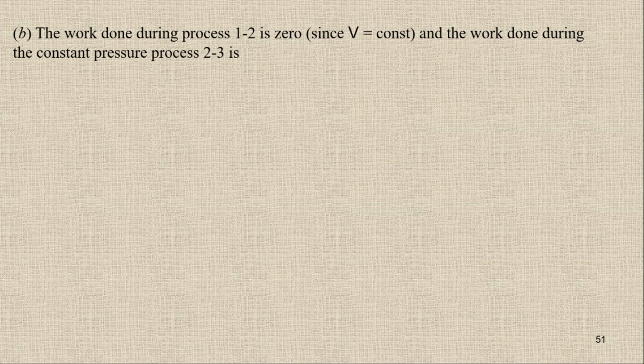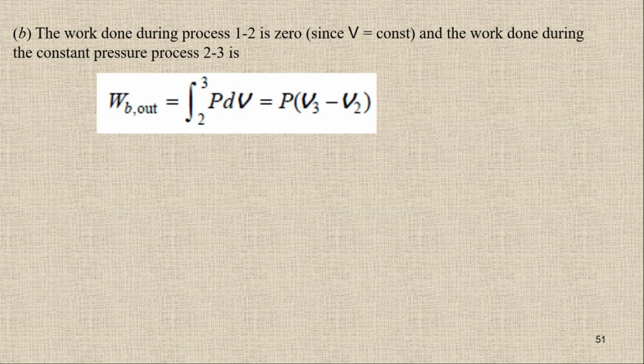For process 2 to 3, we have a constant pressure, and for constant pressure, we can simply find the work using the formula: work is equal to P times delta V. So we have P times V3 minus V2. There is no work involved during process 1 to 2. So between 2 to 3 we have P times V3 minus V2.